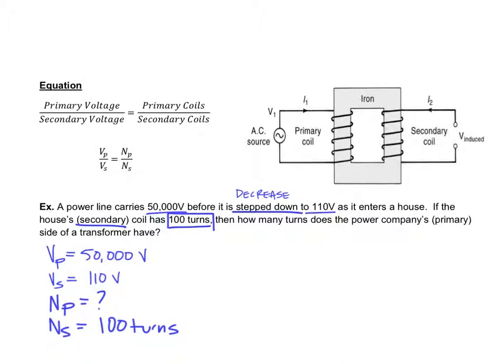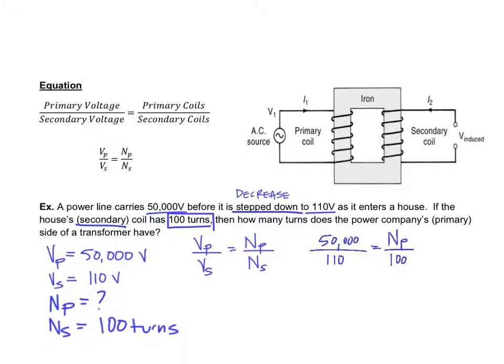So I'm going to set up my equation. Vp over Vs, primary voltage divided by secondary voltage, equals primary turns divided by secondary turns. Now when I plug in what I know, my primary voltage is 50,000. My secondary voltage is reduced down to 110. That equals my primary turns, which is unknown, so I'll write it as Np, and my secondary coils, I do know it's 100.